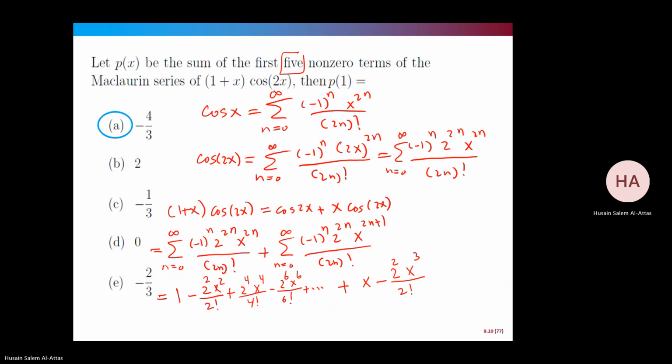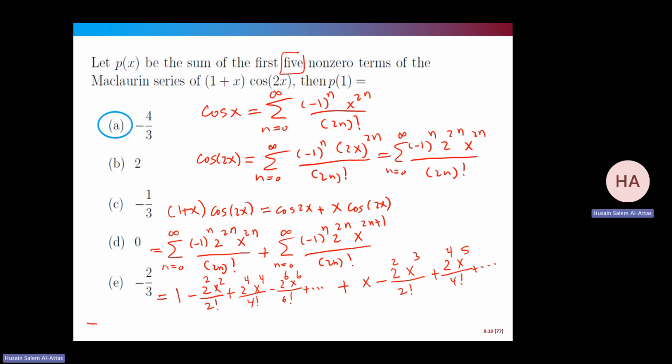Okay. Plus, I need 5 non-zero terms. I don't think I need the rest, but it's okay. Plus 2 to the power 4, x to the power 5 over 4 factorial. Plus the rest.